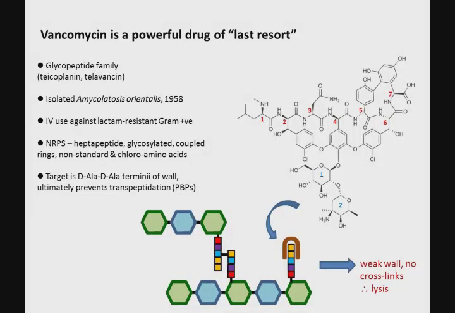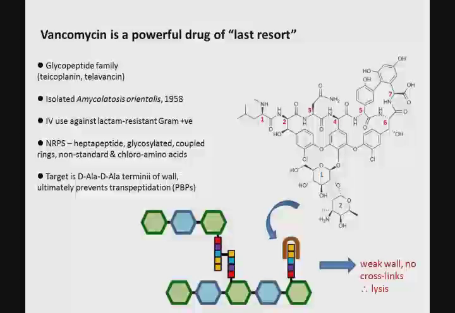And it's made by NRPS machinery, so this is non-ribosomal peptide synthesis. What I've done in that figure is try to give you an appreciation that it is initially made as a polypeptide.